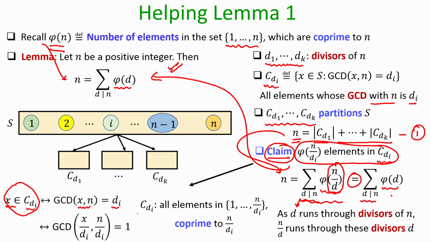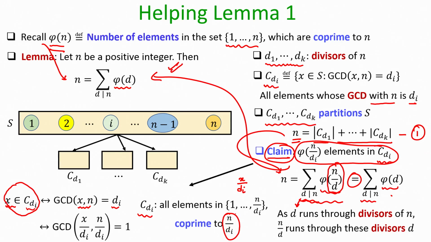That means I can say that the ith bucket consists of all the elements in the collection 1 to n over di which are co-prime to n over di. Any number in the collection 1 to n over di which is co-prime to n over di, call that number x over di, you multiply that number with di, that will give you a number x which has a GCD di with the element n.